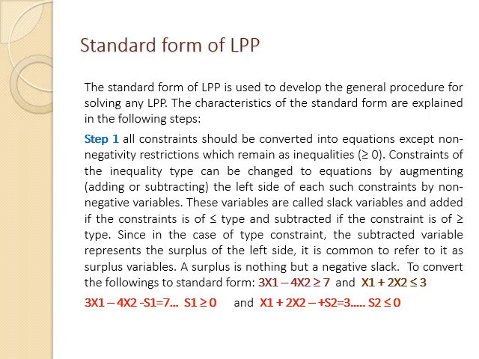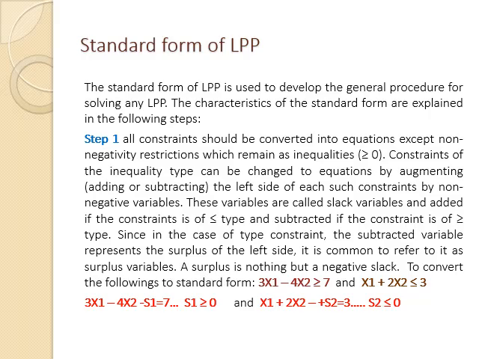To convert the following to standard form: 3x1 negative 4x2 more or equal 7, and x1 plus 2x2 less or equal 3. Let's see.